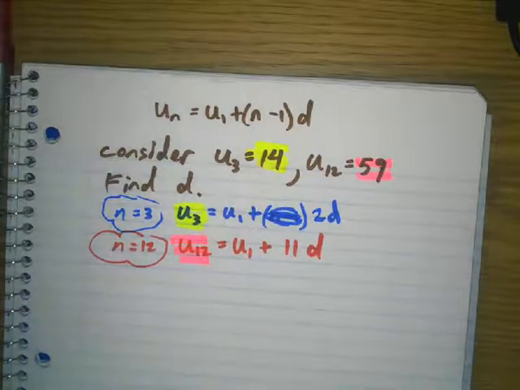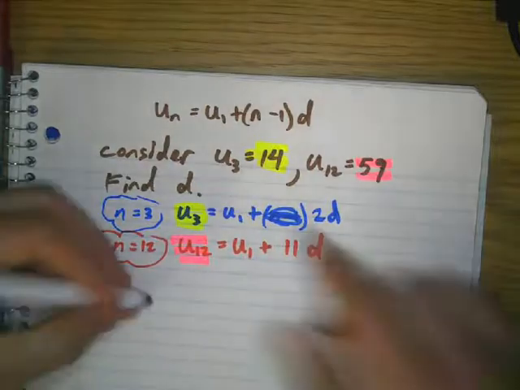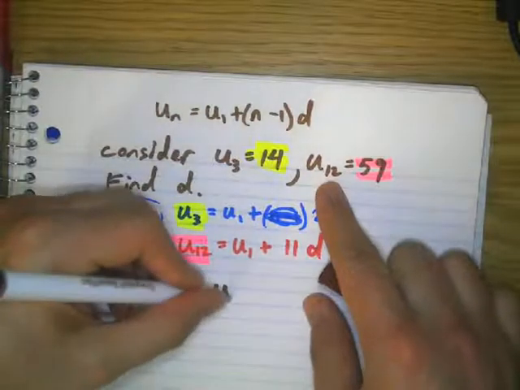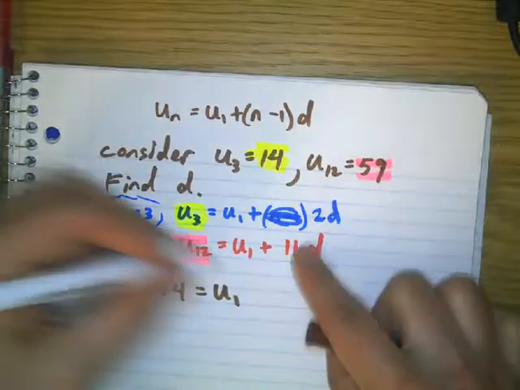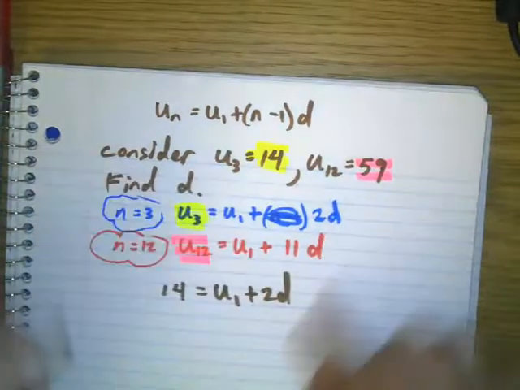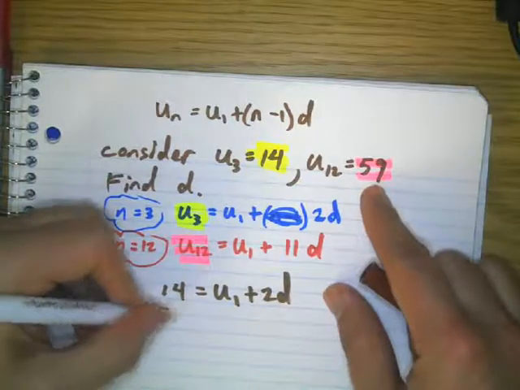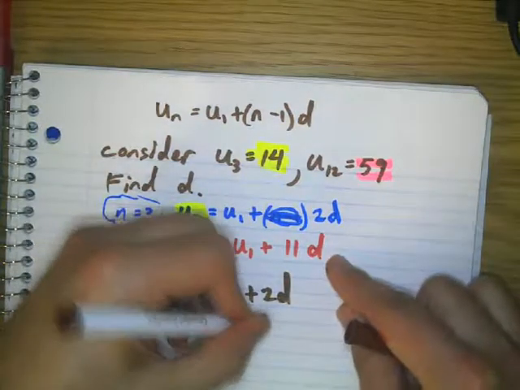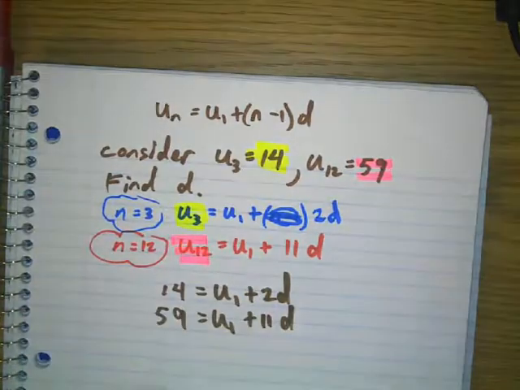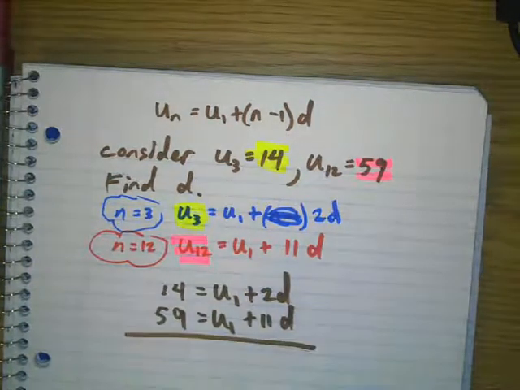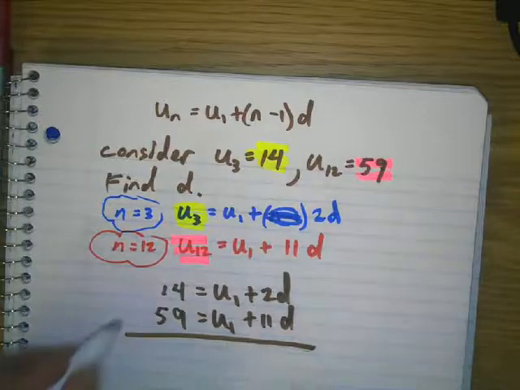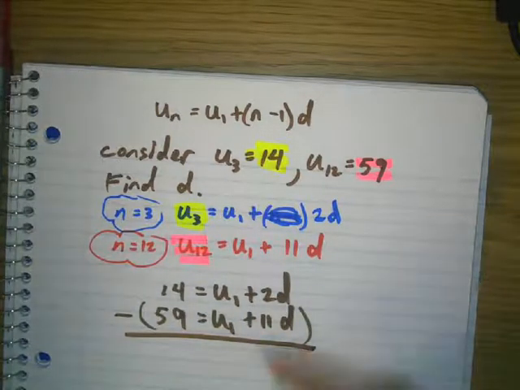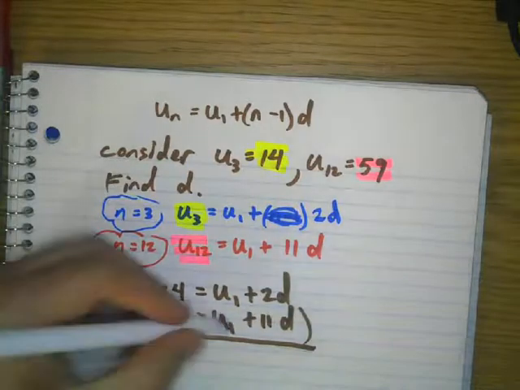We've got 14 equals u sub 1 plus 2d, and 59 equals u sub 1 plus 11d. Now, if I want to use elimination or substitution, I'm going to use elimination, because if I do elimination from what we learned in algebra, u sub 1 minus u sub 1, that's going to go away.